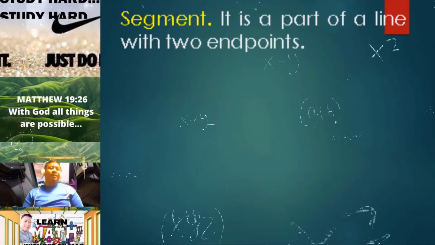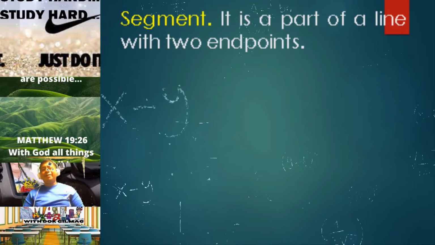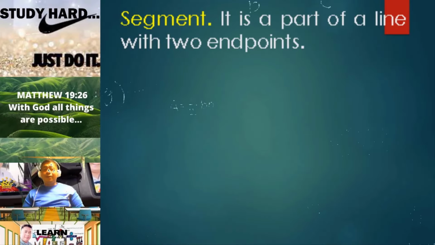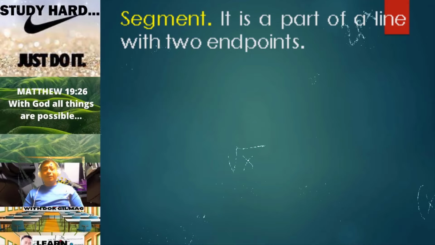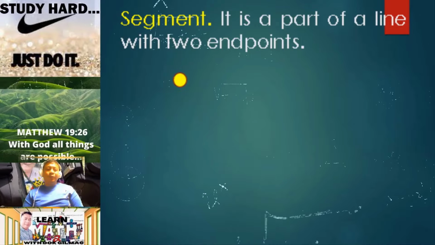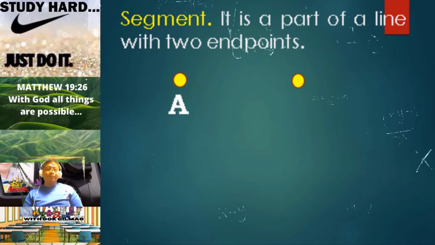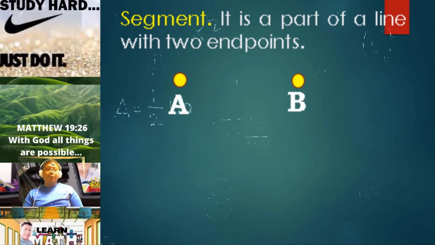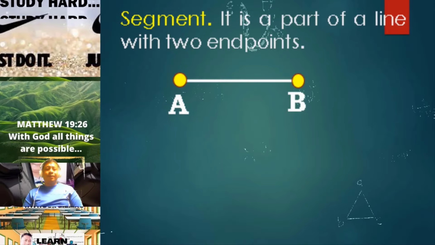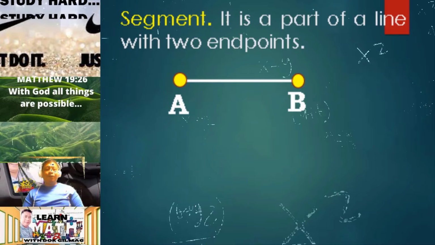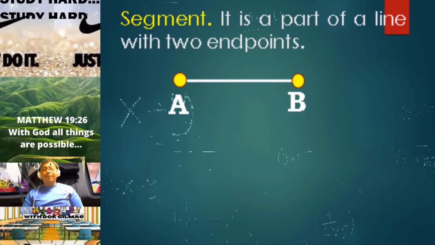How about segment? When we talk about segment, it is a part of a line with two endpoints. Consider two given points here, point A and point B. Connecting these 2 points, as you can see here, we form a line segment.